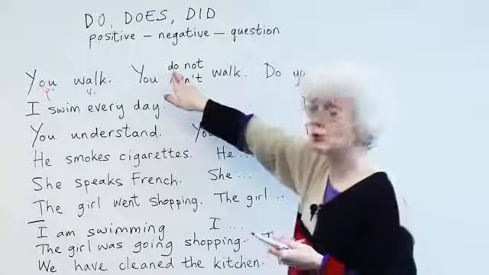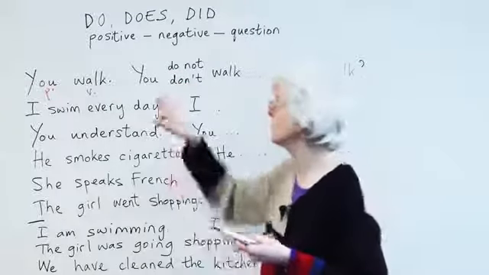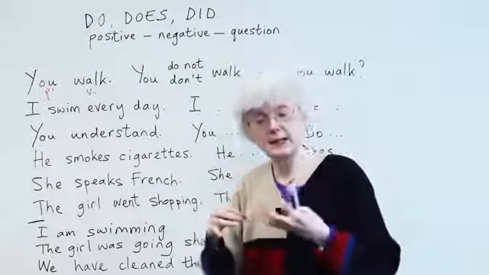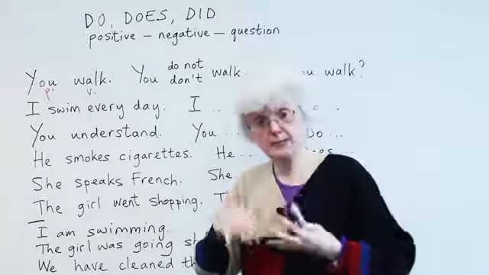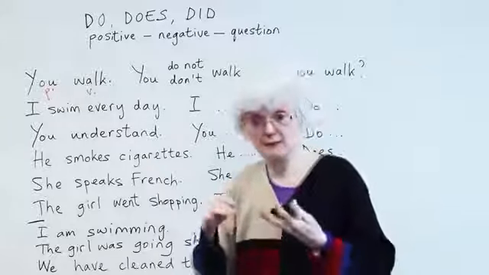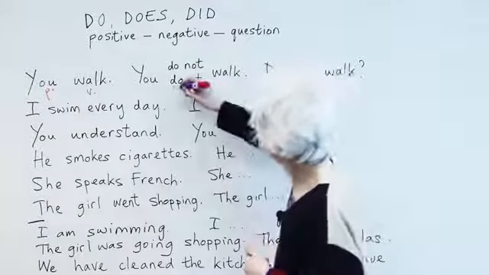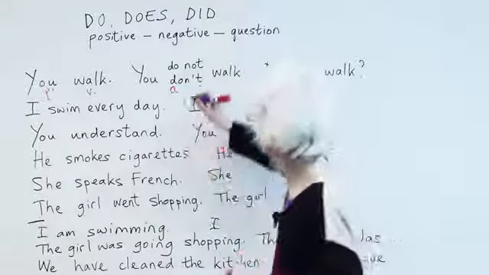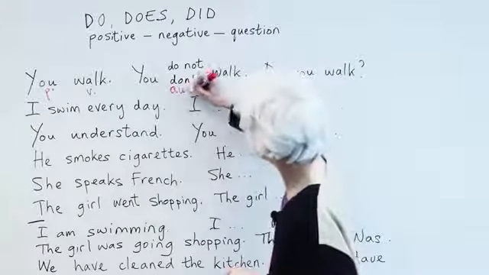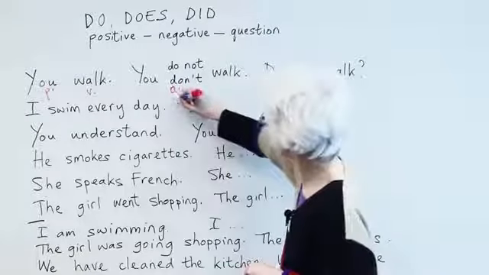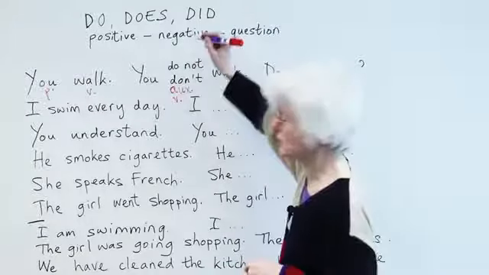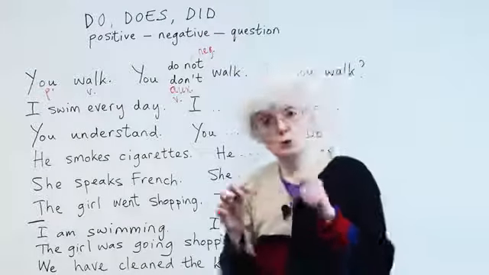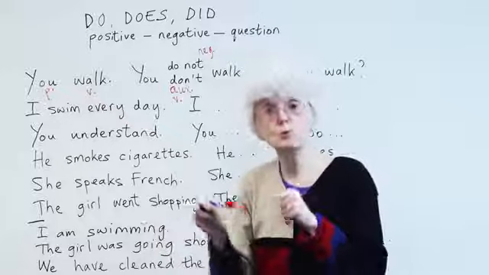Because do is also a verb, the way it's used here is to help the meaning, and that means it's called an auxiliary verb. So I'll put AUX, auxiliary verb, and then not is the negative.